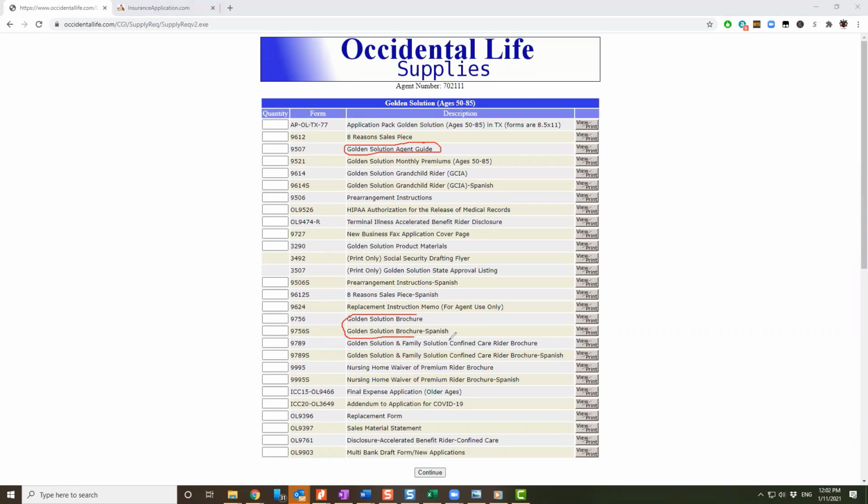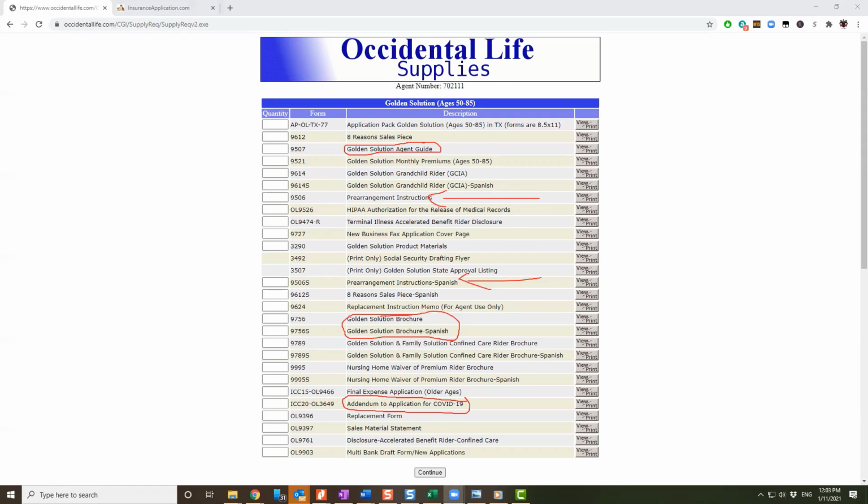And we have brochures in English and Spanish. The addendum for COVID, everyone needs to have a COVID addendum. These are the materials that you need. The secondary, when the customer receives their policy, we will include pre-arrangement instructions in English or Spanish. You can look at all the other materials. I'm going to leave that up to you guys.